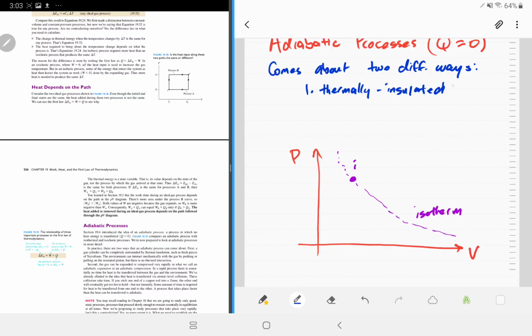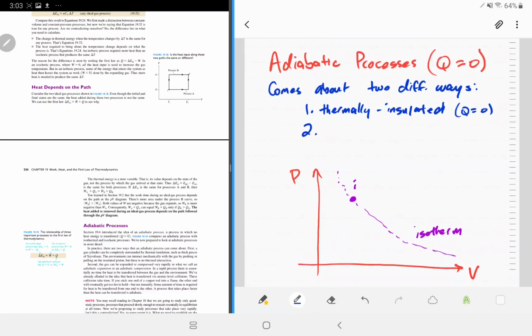Thermally insulated just means there's no heat exchange. So this is just like a fancier way of saying Q equals 0. The second way that you might be hinted in a problem that you have an adiabatic process is anything that happens very, very quickly. So sometimes the word quickly is thrown in.